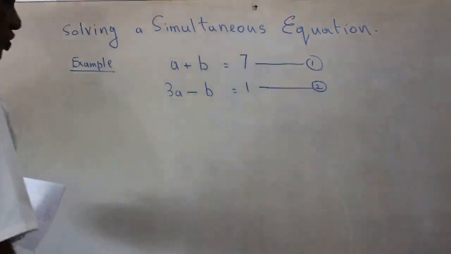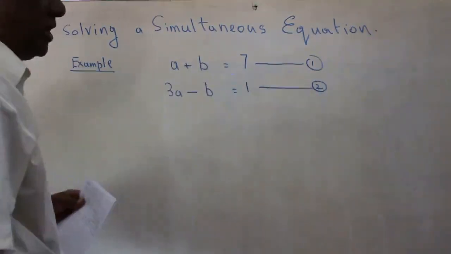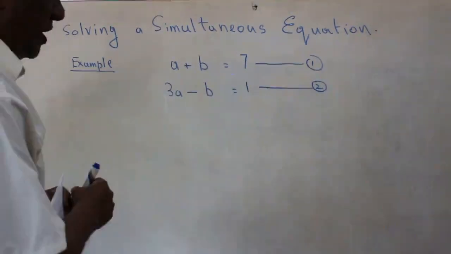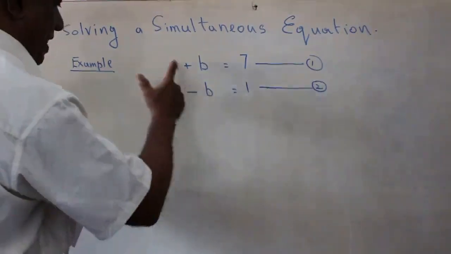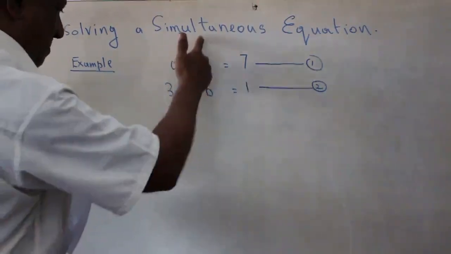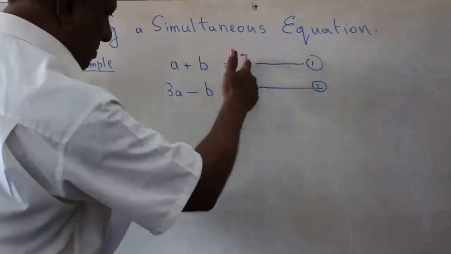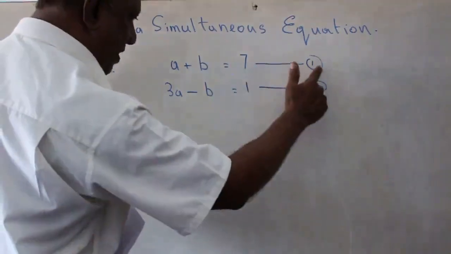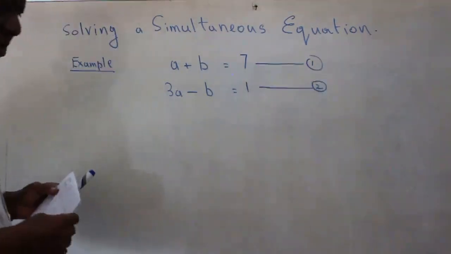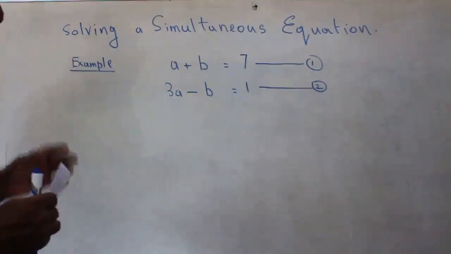You will note that there are two letters, which we call unknowns. The a's are written under the a's, the b's under the b's, the equal signs under the equal signs, and the numbers on the right hand side are written one under the other and labeled equation 1, equation 2. We have to get used to writing this in this pattern.